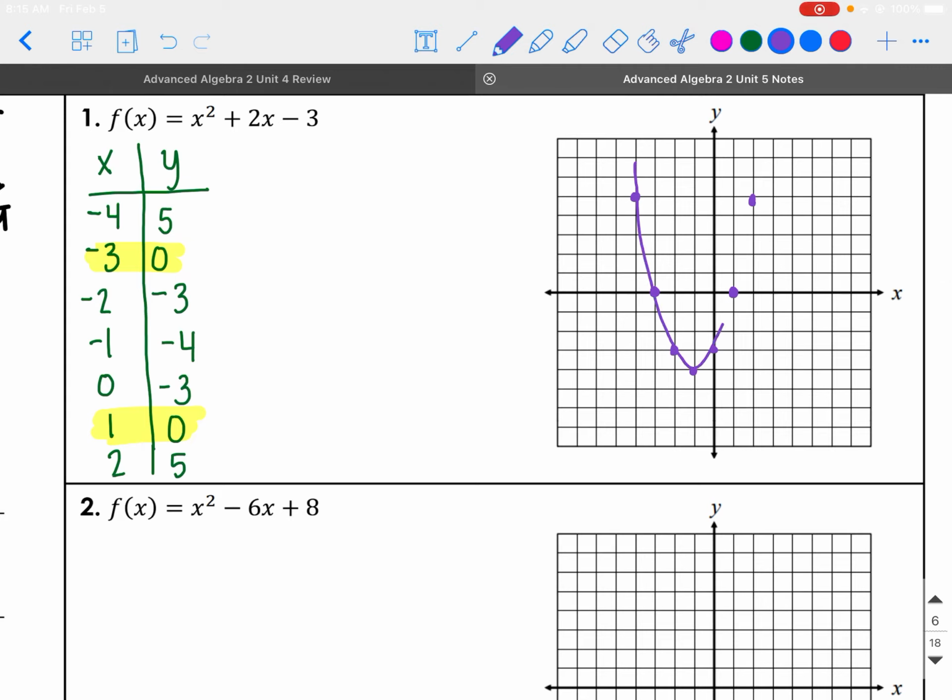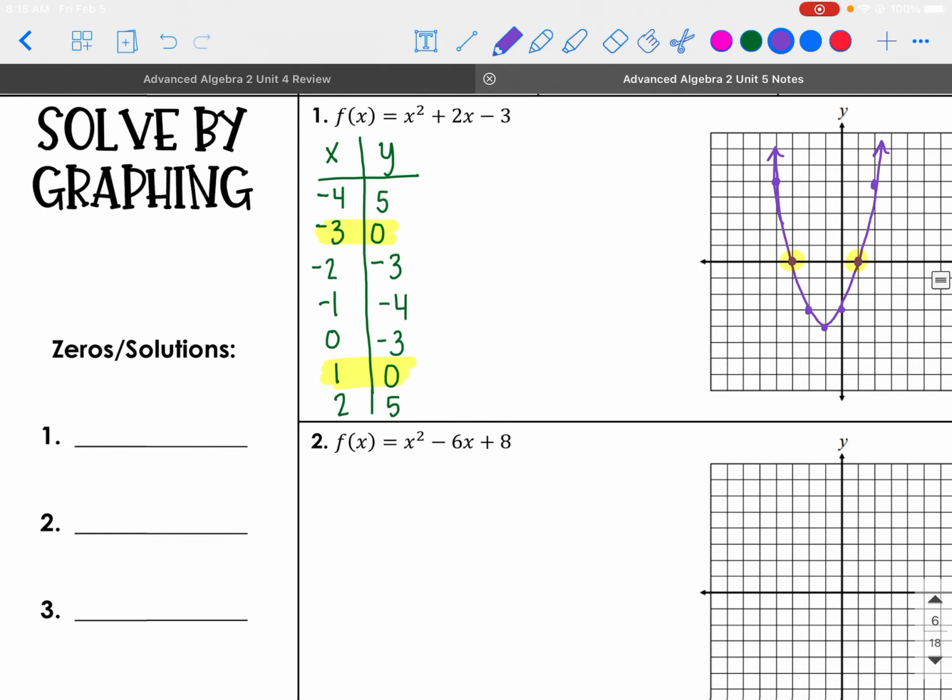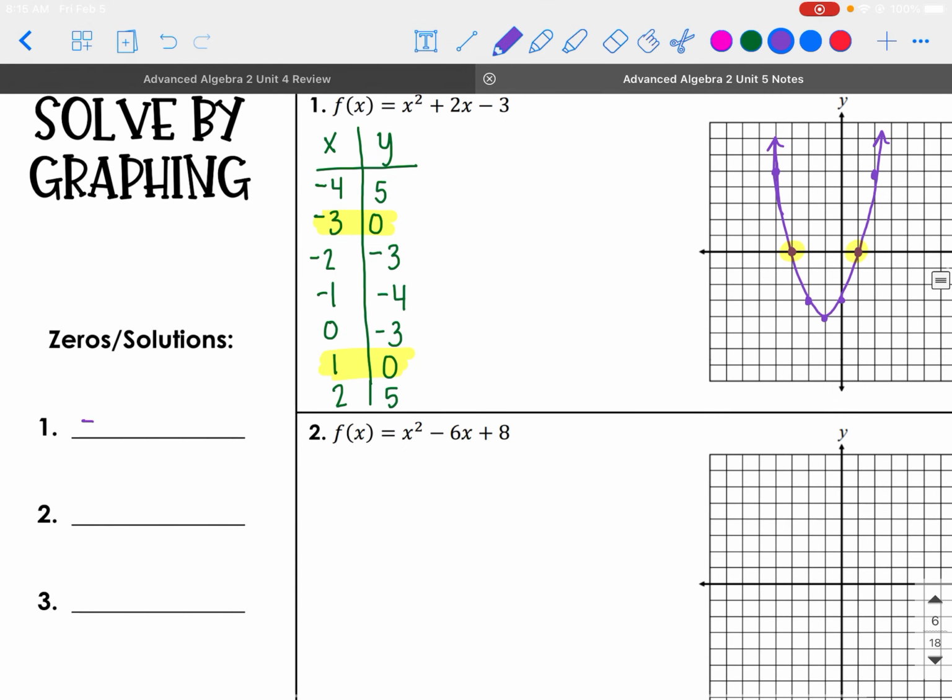And just graph that the best that you can. Our solutions are these points right there, those x-intercepts. So those would be negative 3 and 1. You may also see them written as points negative 3, 0 and 1, 0. But when we're talking about the solutions, you don't actually have to do that. You can just say negative 3 and 1.